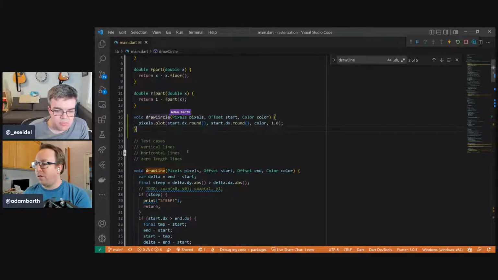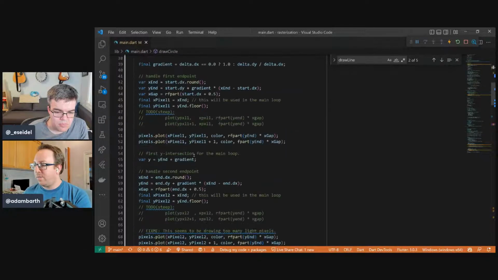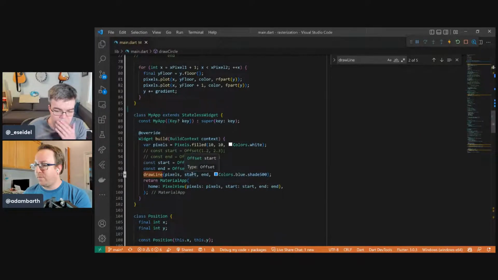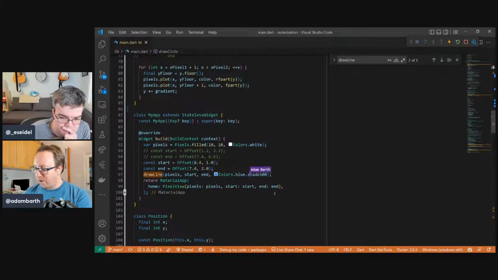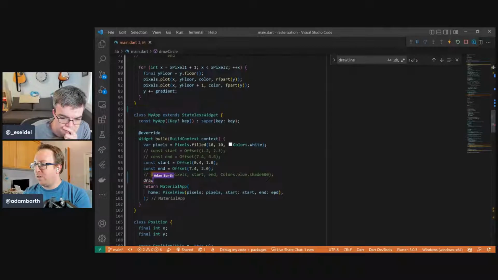Then I was going to see where we call draw line. I was going to call draw circle instead. Okay, so I'm here on line 97. Instead of calling draw line, I'm going to call draw circle. Pixels.